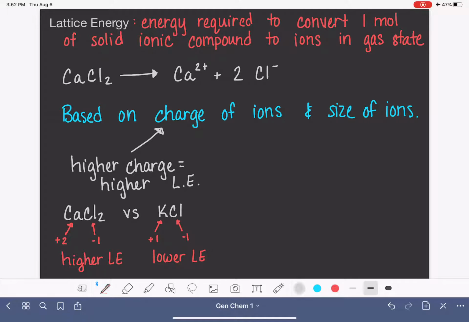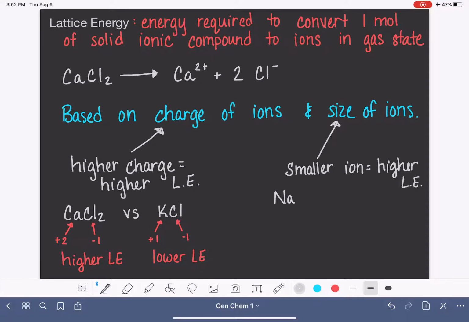Now our second factor here is the size of the ions that are in the compound. The smaller the ion is, the higher the lattice energy will be. Now this one is not quite as intuitive as the charge, but let's try to draw some pictures here. Actually, let's first write some formulas.